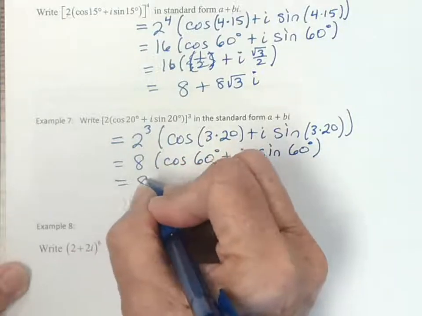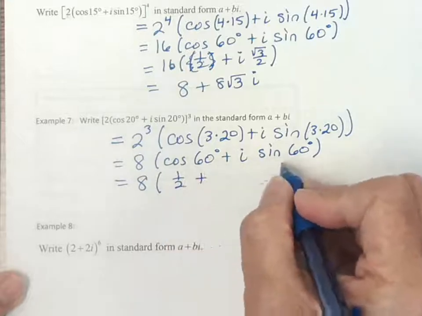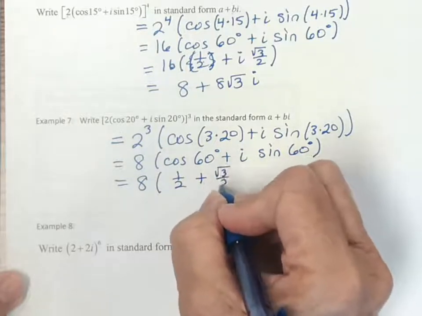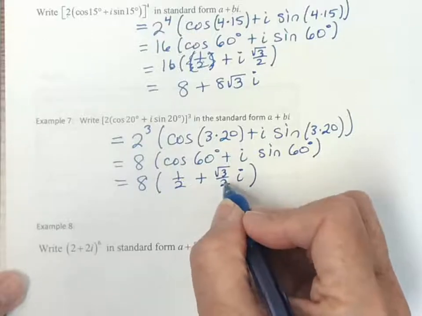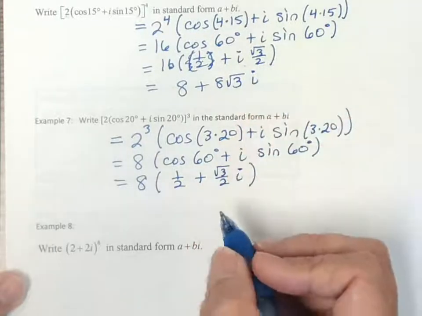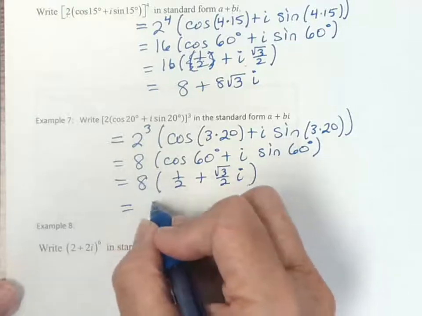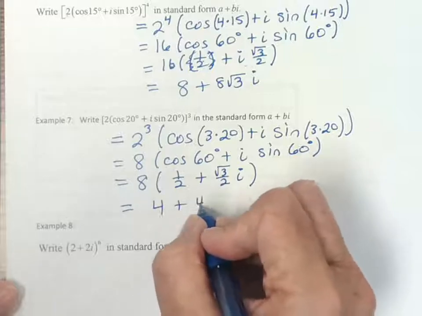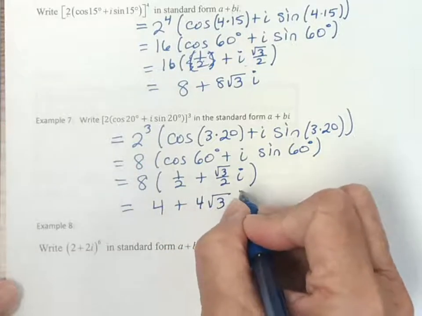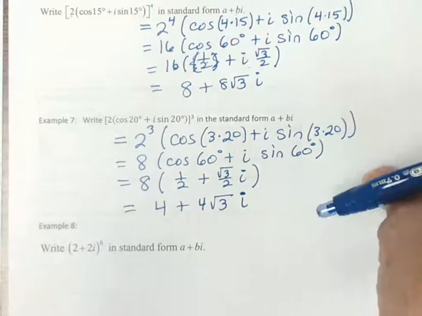Put in those values. Cosine of 60 is 1/2 plus square root of 3 over 2 times I. And the I should go after the real part of the number. I did not do that correctly there. And distribute. 8 times 1/2 is 4. 8 times square root of 3 over 2 is 4 square root of 3 times I. Okay, so far so good.